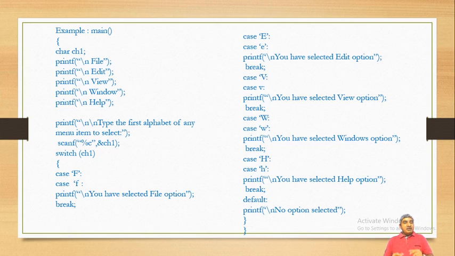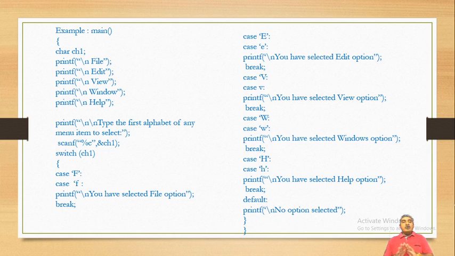If the input is capital W or small w, then the message is you have selected window option. If the input is capital H or small h, the message is you have selected help option.